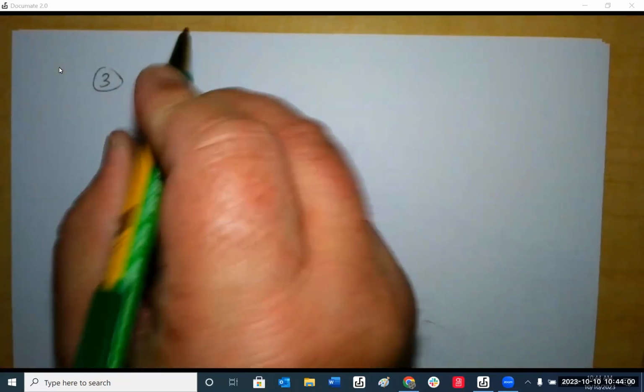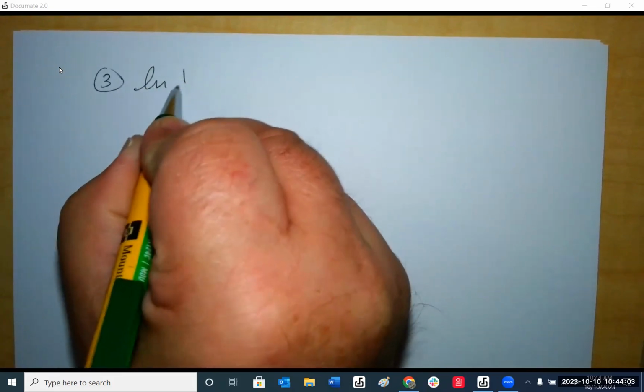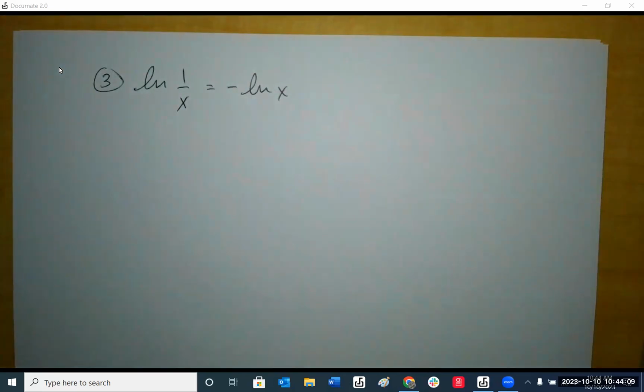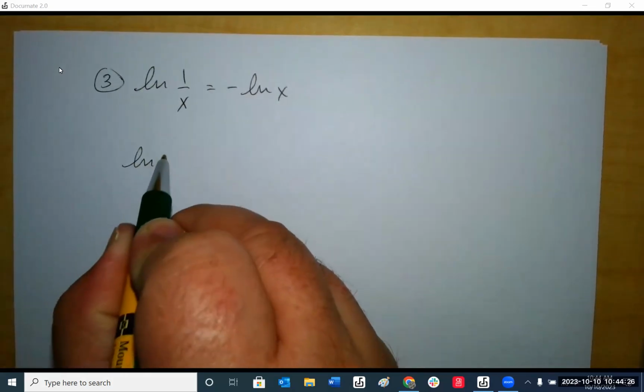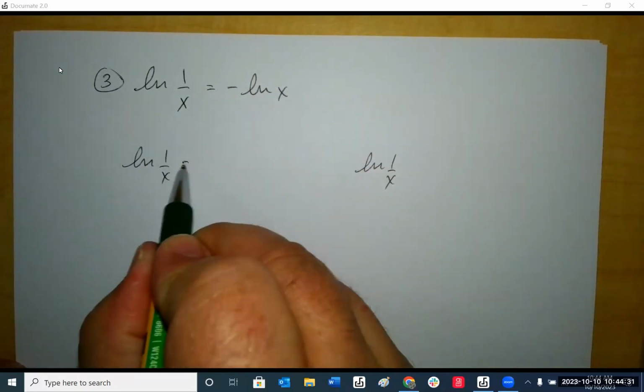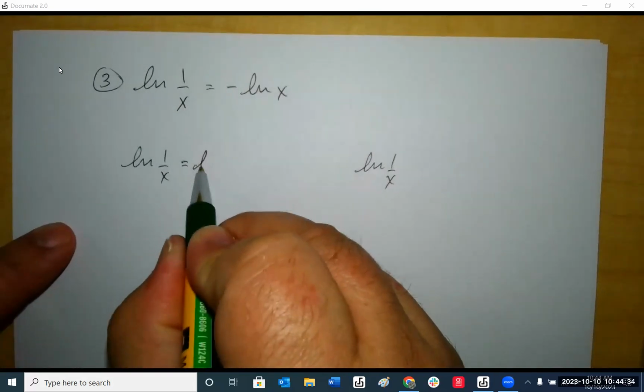Another property. There are two ways you can prove this one. The first way, we can prove it the way we just did.